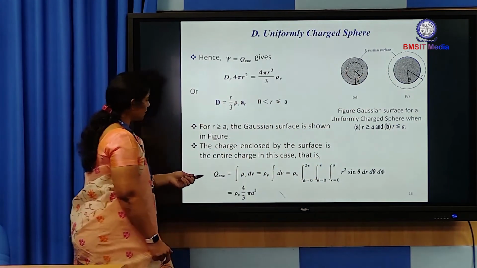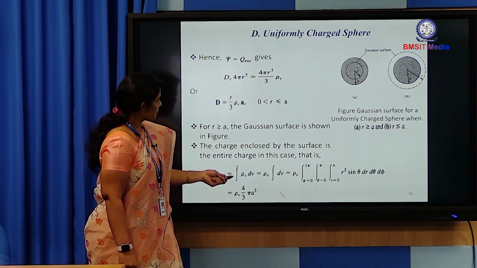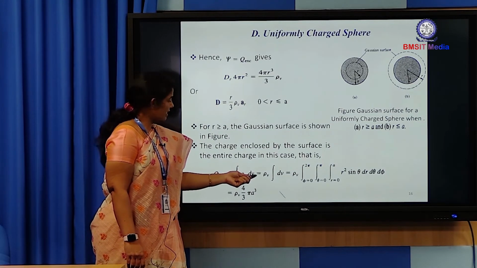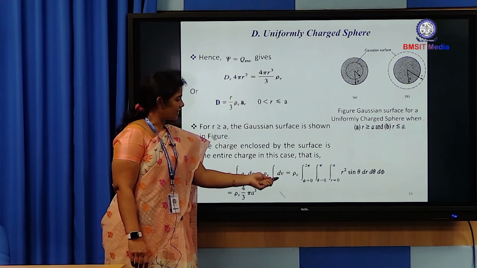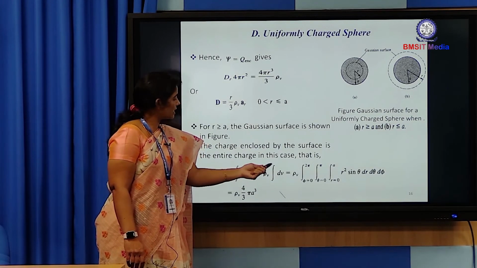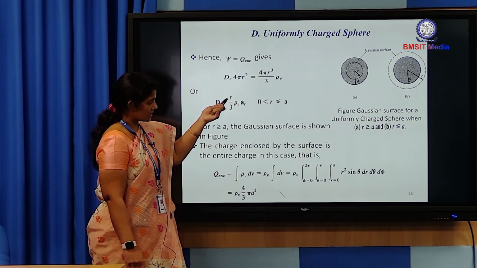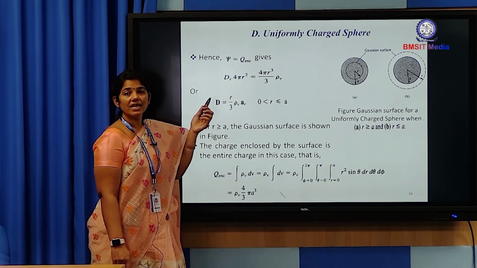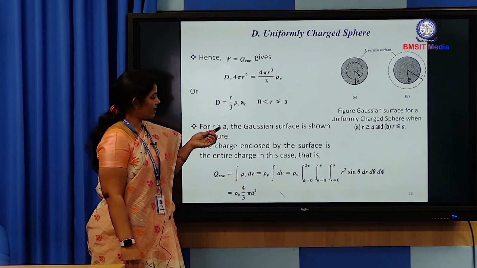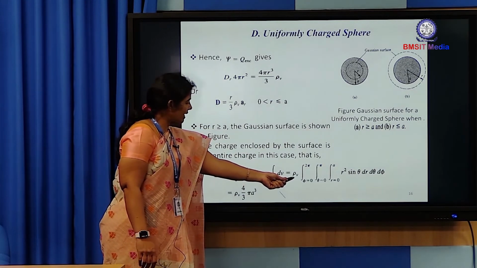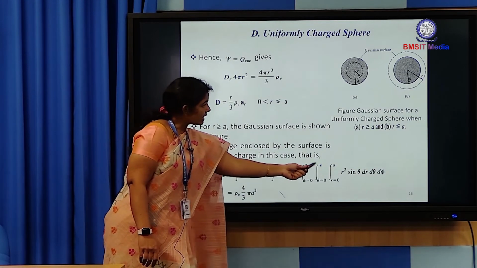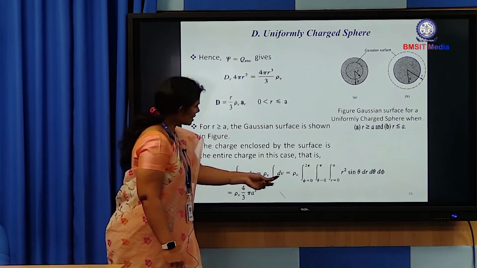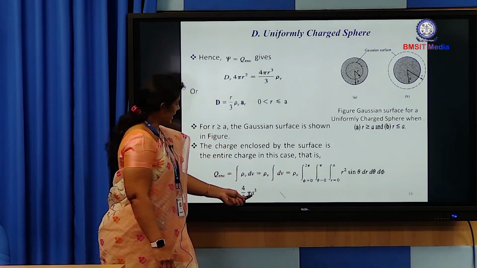So, Q enclosed is equal to the integral of rho_v dv, which is equal to rho_v times the integral of dv. As we discussed just now in the previous case, this integral dv gives 4 by 3 pi a cube, where a is your radius.